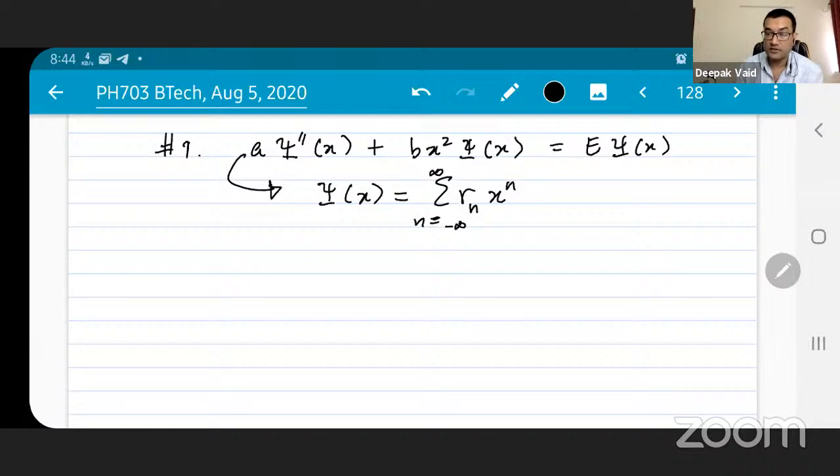One has to be careful about the points where the function will blow up. That will set certain restrictions on your coefficients. And then what you'll end up with is that your solutions turn out to be something called Hermite polynomials. These are polynomials in x.